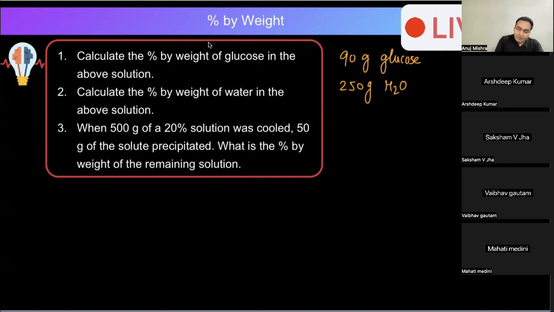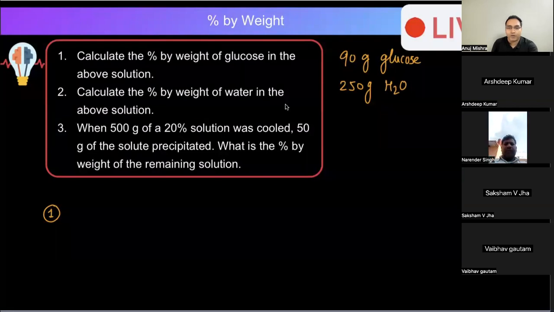Let's try the first question, everyone, together. Question number 1. Look at the language of the question and try to solve. Percentage by weight of glucose in the above solution. So what shall be the answer for this question? How are we going to solve? We can say mass of glucose upon total mass into 100.